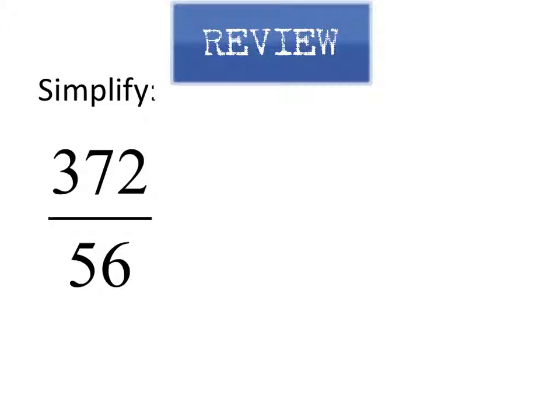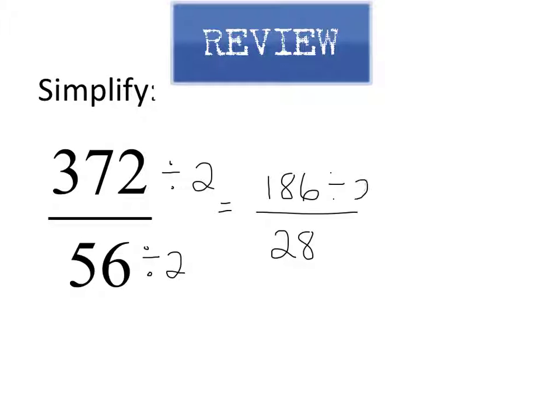So attaching this to our prior knowledge, if we look at a problem like this, we would divide by 2, reducing the numbers by what they have in common. So this makes 186 over 28, and then divide by 2, 93 over 14.